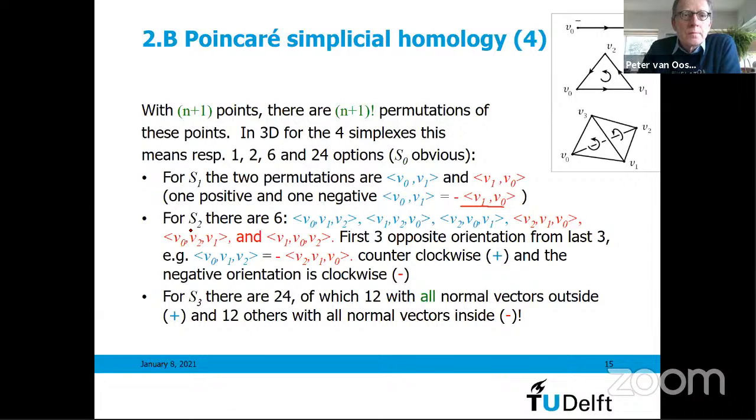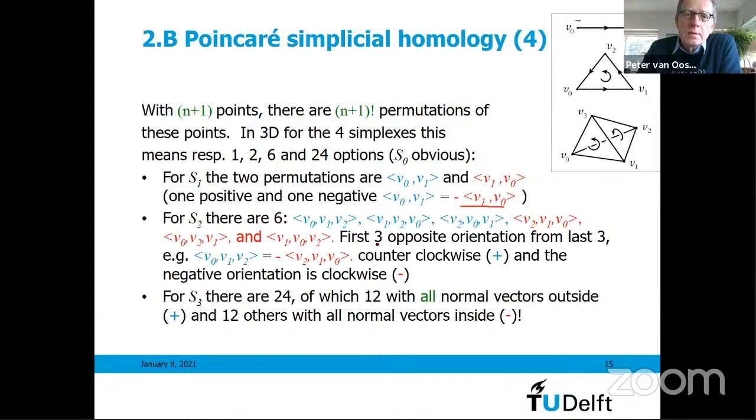For 3 points, S2, you have 6 permutations, 6 ways to list the 3 points: 0, 1, 2; 1, 2, 0; 2, 0, 1; 2, 1, 0; 0, 2, 1; and 1, 0, 2.